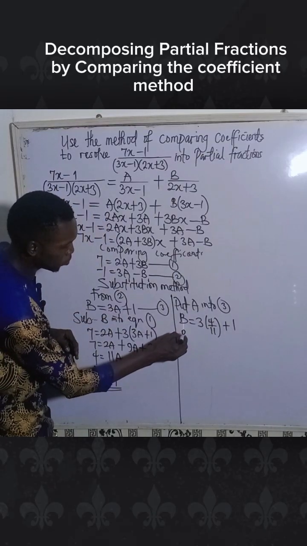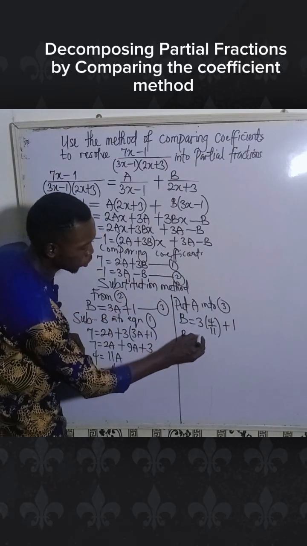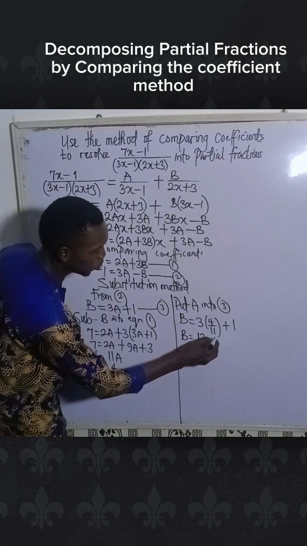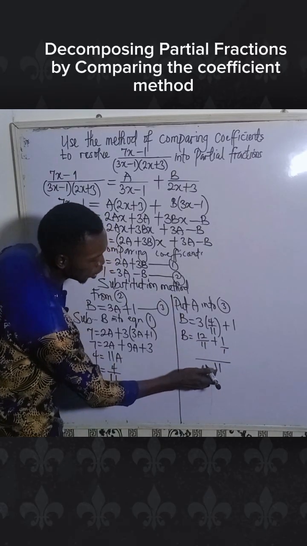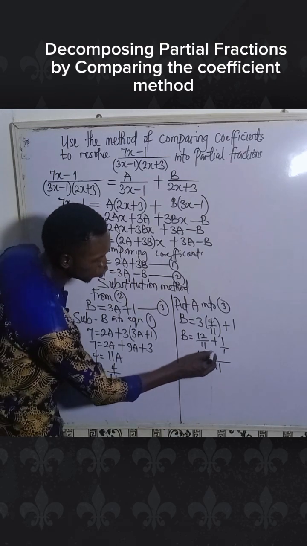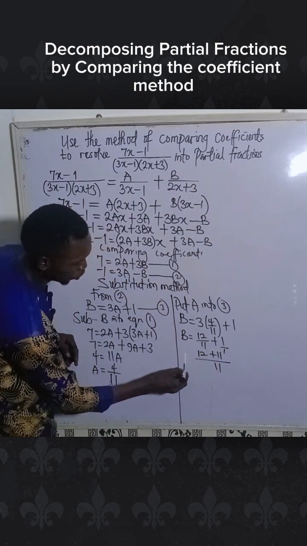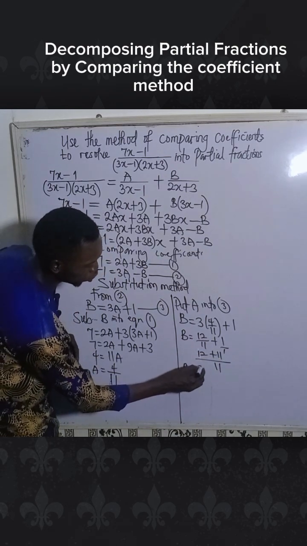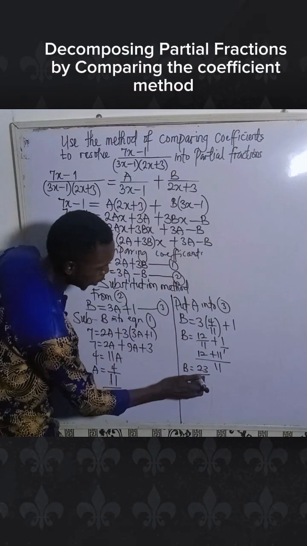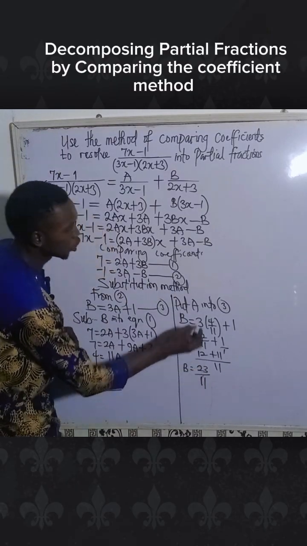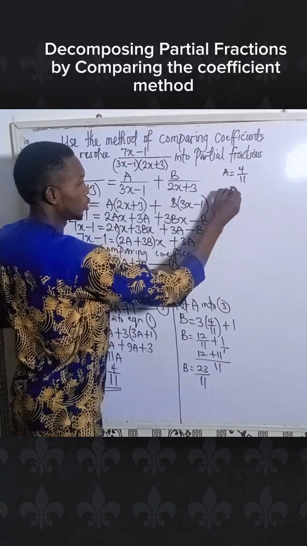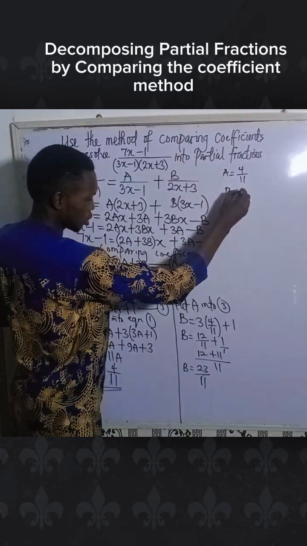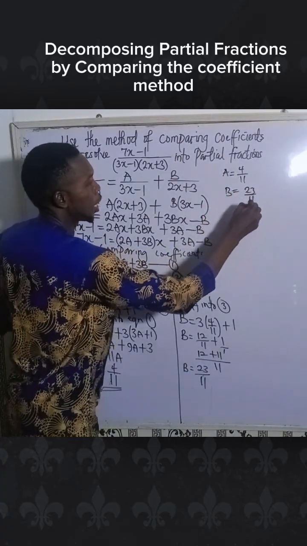So B is equal to 12 over 11 plus 1. When you find the LCM, this becomes 12 plus 11 over 11. So B equals 23 divided by 11. That means A is 4 over 11 and B is 23 over 11.